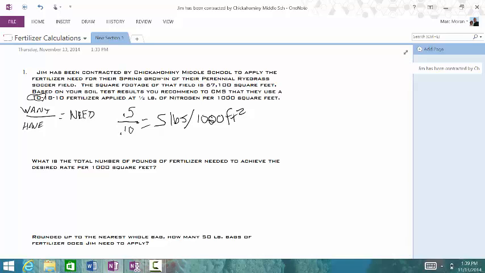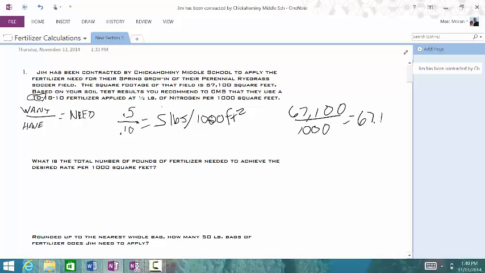I take that 5 pounds of fertilizer and spread that over 1,000 square feet. We don't have 1,000 square feet. We have 67,100 square feet. So if I take 67,100, divide that by 1,000, I end up getting 67.1.